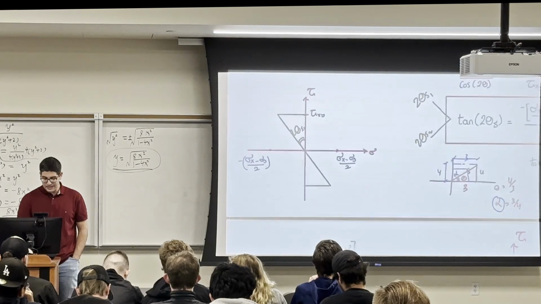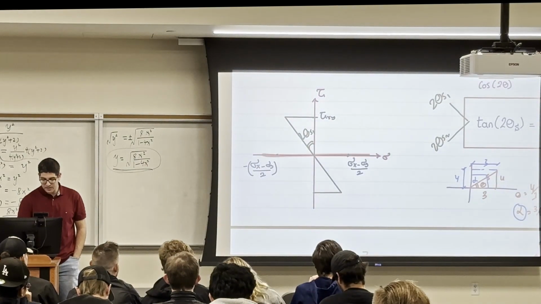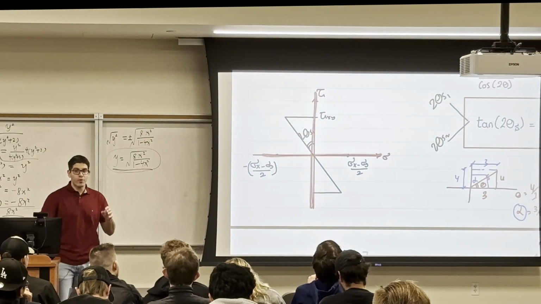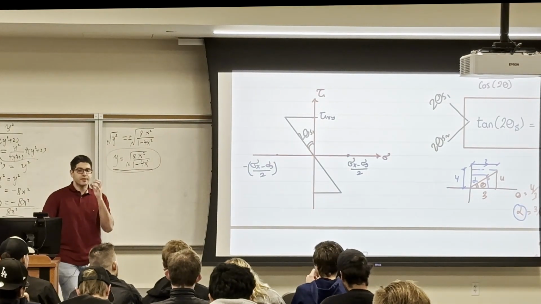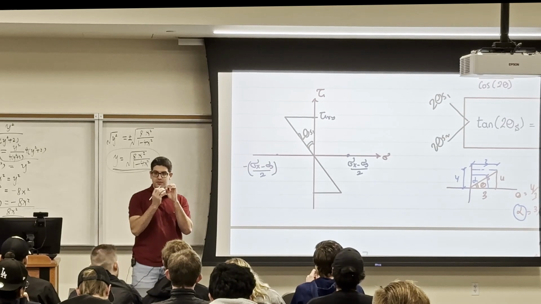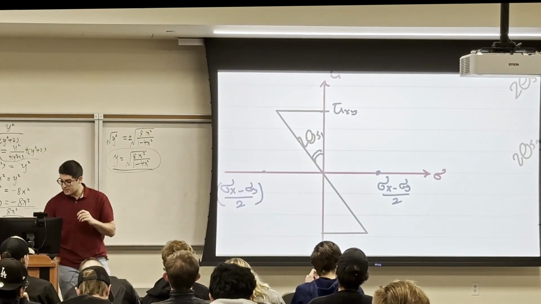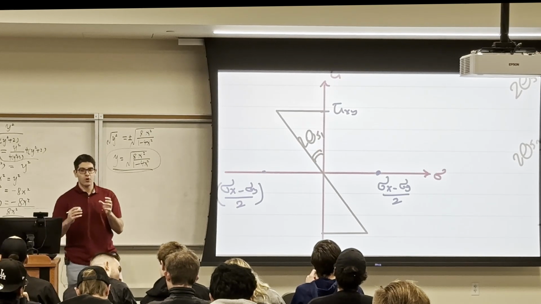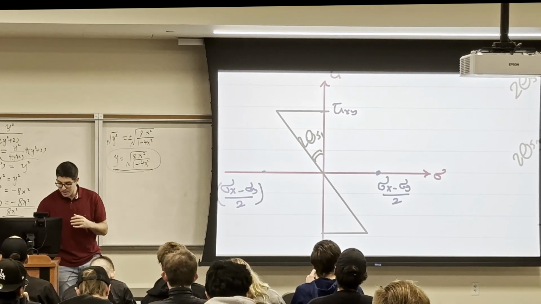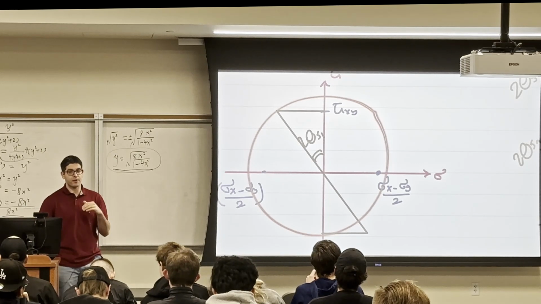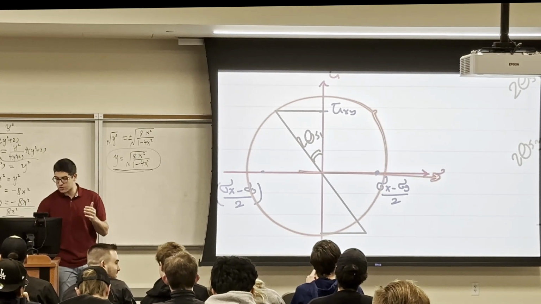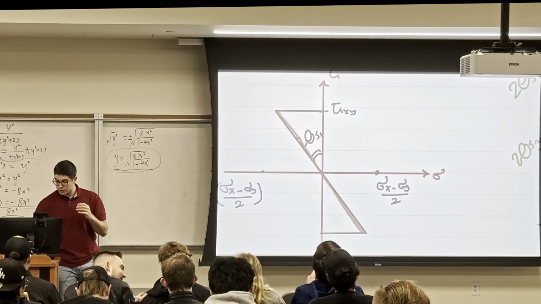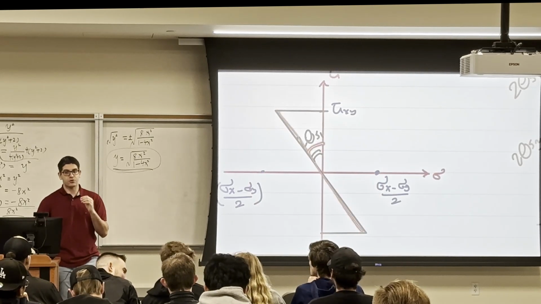Okay. Last part, what I said, I don't have x and y anymore. Okay? This is not an xy diagram. When we talk about an xy diagram, this theta is going to be from the x. But now when we talk about the normal stress and shear stress diagram, which is later, I'm just preparing you again for the Mohr circle. Mohr circle is not going to be on xy, it's going to be on normal stress and tau. So from this line to the tau, this is your theta s.